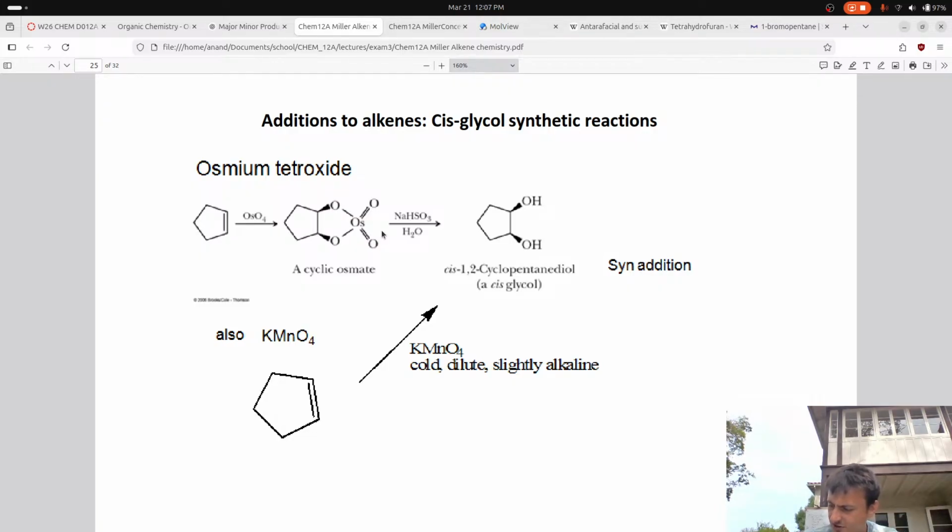OsO4, osmium tetroxide, then sodium bisulfite, NaHSO3, in water.